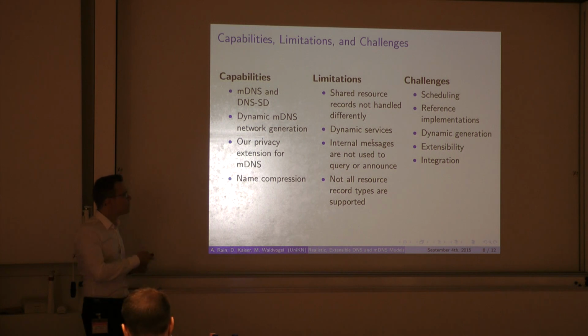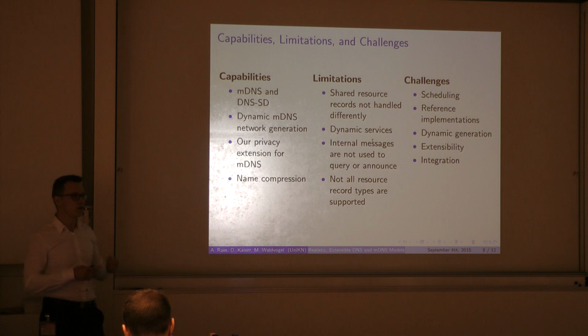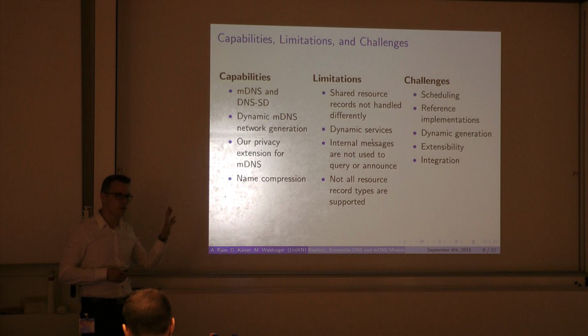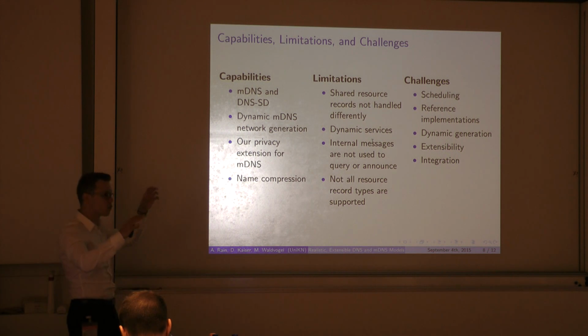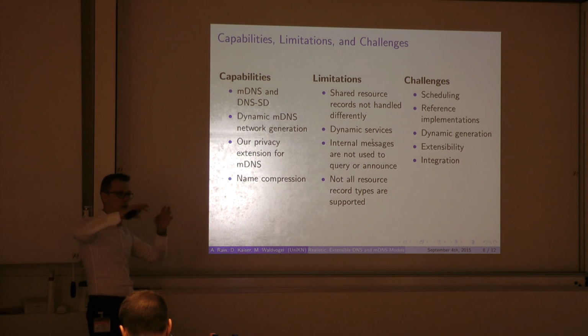Also, the dynamic generation was quite difficult because we also support the dynamic generation of mDNS networks with the privacy extension, such that we have to set links between nodes and decide which nodes want to share data with each other and want to exclude other nodes.